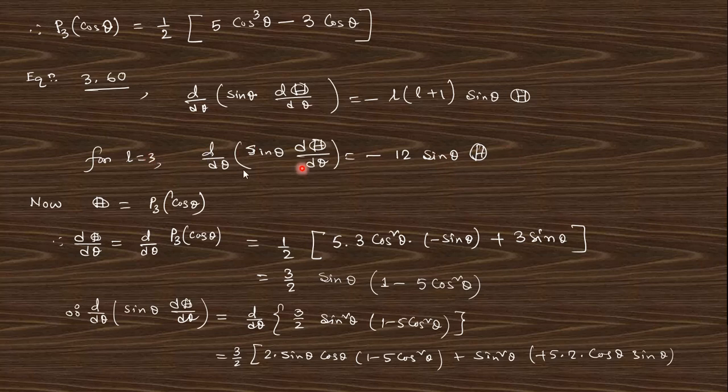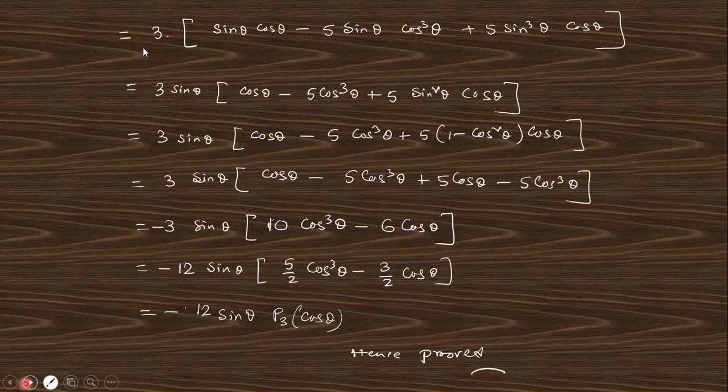We need to prove this relation when the function is the Legendre function P3(cos theta). If you put this value of P3(cos theta) in this expression and take the derivative, you will get this expression, then multiply this portion and take the derivative again, and just evaluate this expression. I think you can do this calculation and you will get this equation. So this expression will be satisfied in the case of the Legendre P3. Okay, P3(cos theta) also satisfies it.